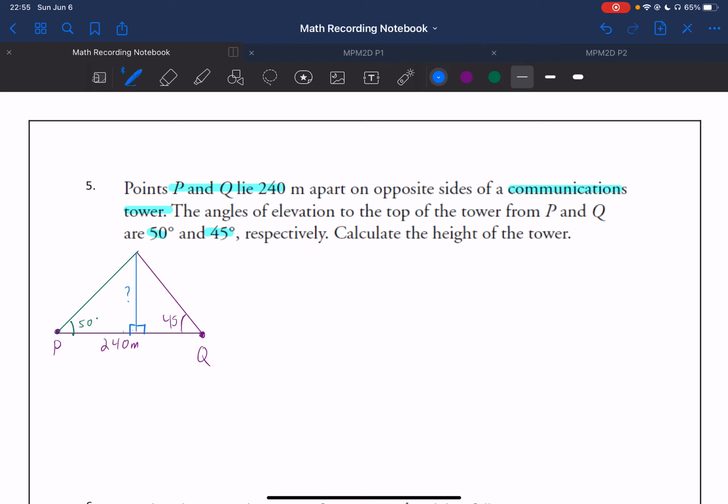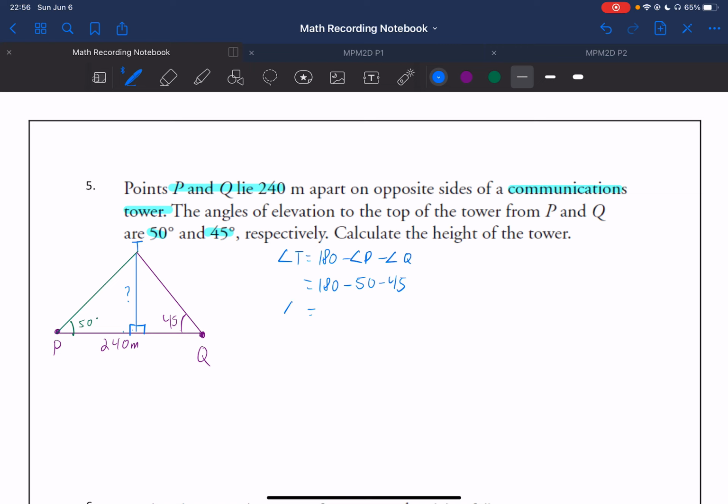So let's start off by finding what the tower's angle is. I'm going to call that T. So angle T is equal to 180 minus angle P minus angle Q. 180 minus 50 minus 45 is going to give us an angle of 85.